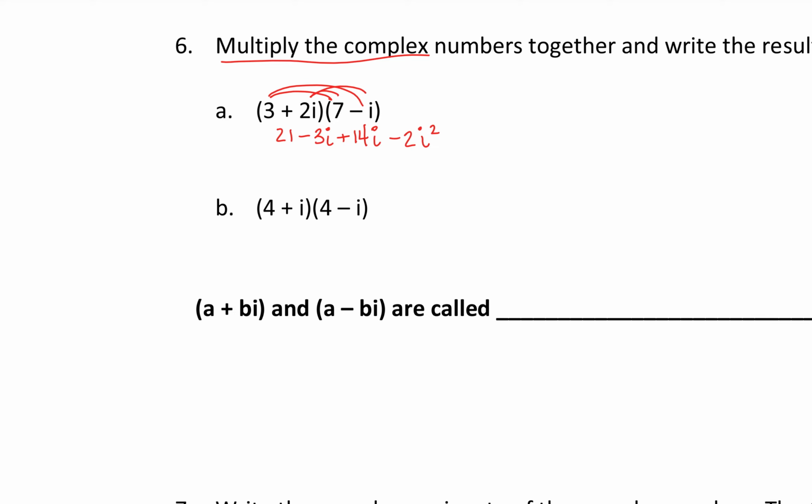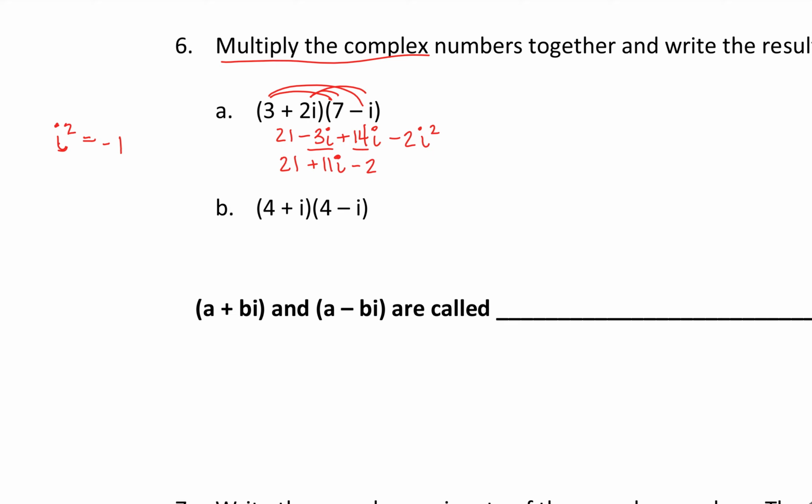2i squared. Now if you remember, i squared is the same as negative 1. It's the same as a negative 1. So when I go to combine like terms, I have a 21. Negative 3i, 14i makes that a positive 11i.